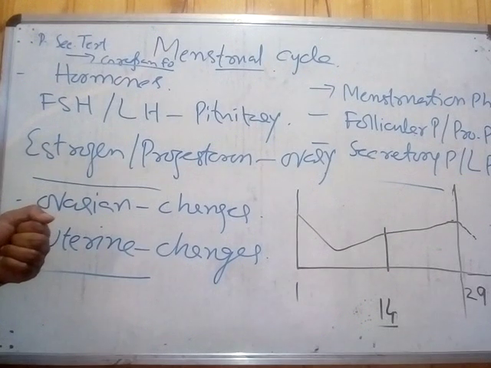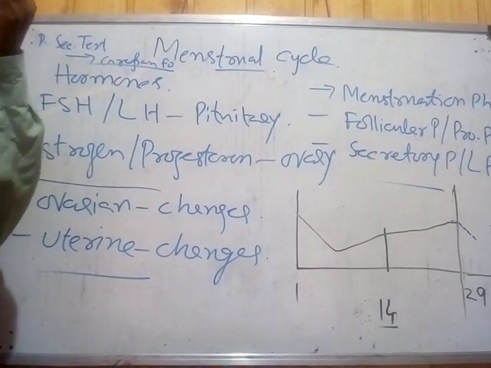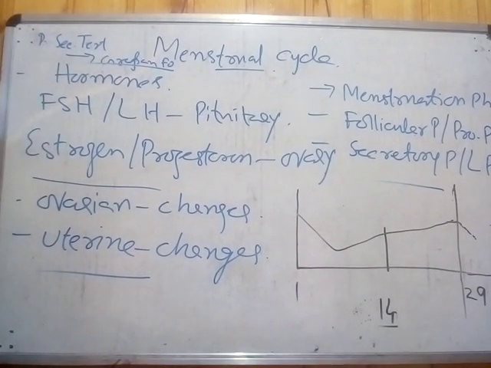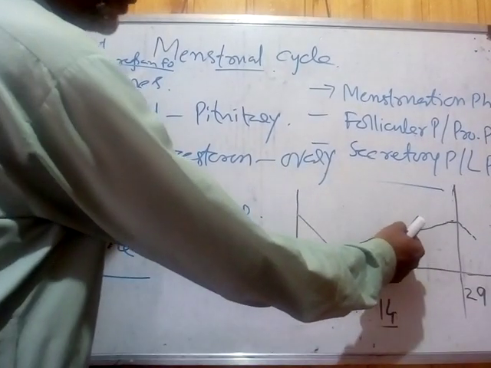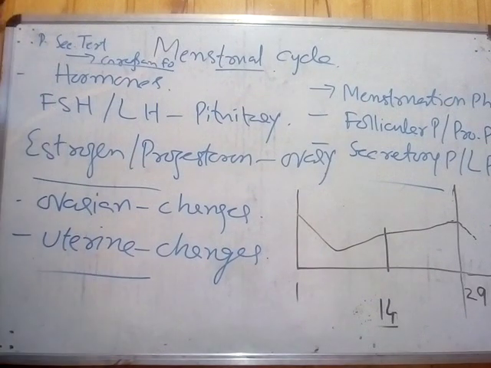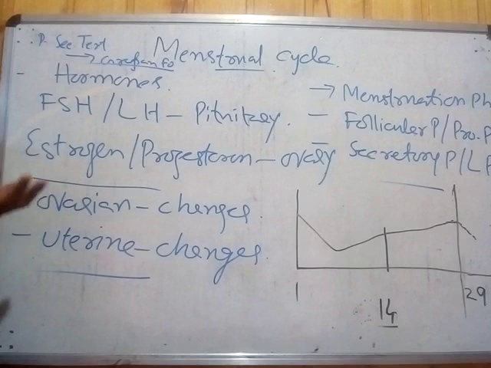If somehow this egg meets with the sperm, because the endometrium is still in a growing phase, and why is it in a growing phase? It is in anticipation of the fertilized egg. Perhaps the fertilized egg may come, and the endometrium is in a receptive phase.